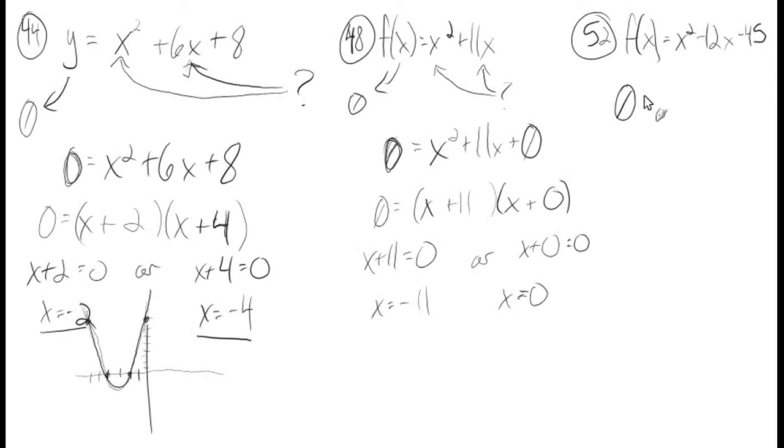Let's just make the output 0 and then solve for x. We got to factor this. Two numbers that multiply to make negative 45. If we're going to multiply to make a negative, we need a positive and a negative to multiply together. And they add to make negative 12.